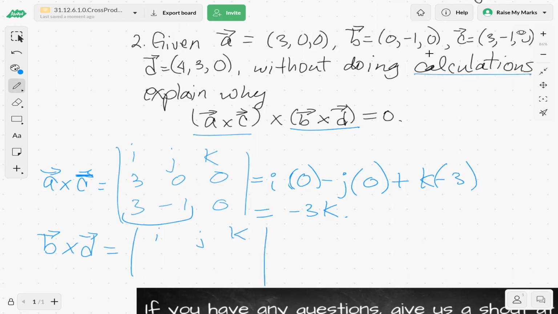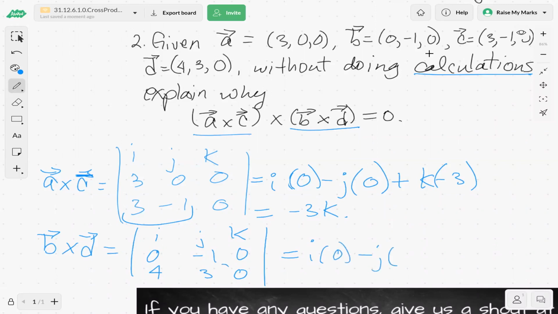So now they tell us not to do calculations, but sometimes, if you have to do them, you have to do them. All right, so B is 0, negative 1, 0, D is 4, 3, 0. Okay, so the coefficient of i is again 0.